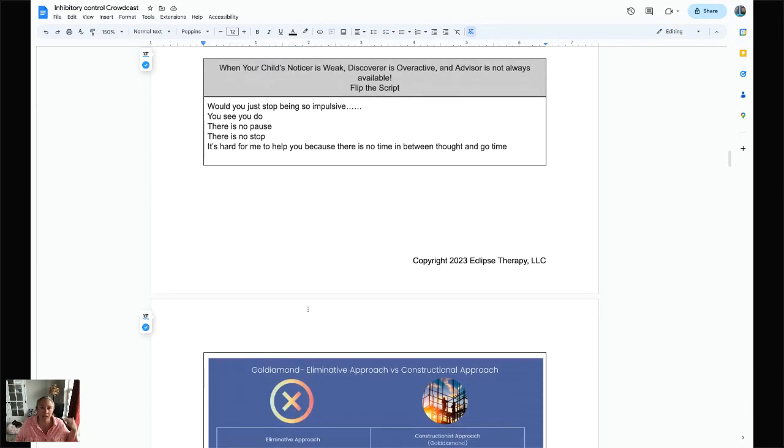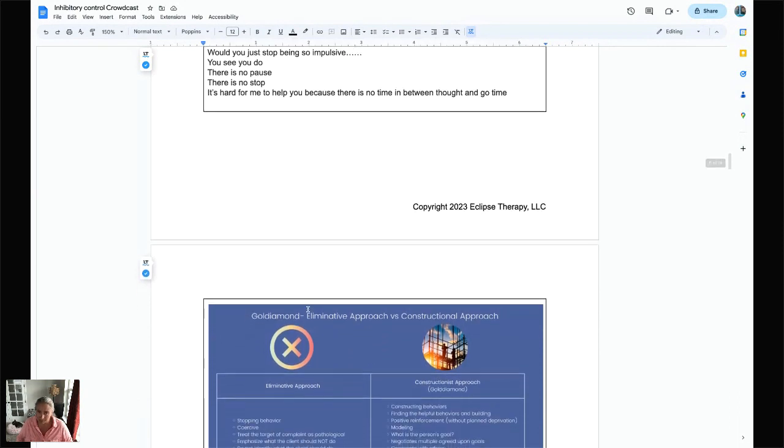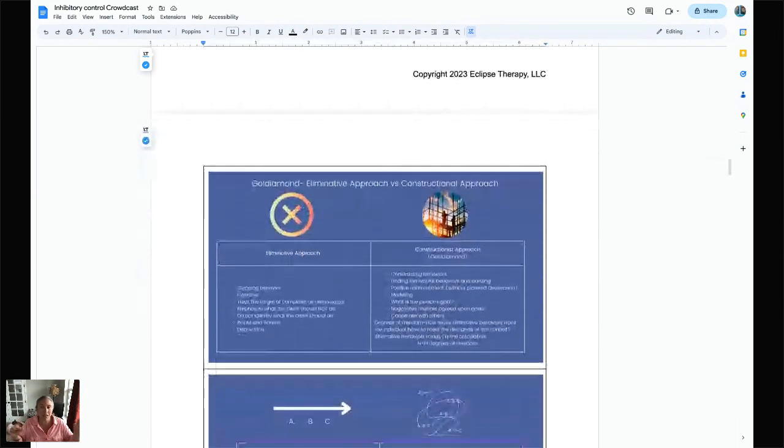So how are we going to flip this script? This might get a little bit technical, but we're going to talk through it. I think it's really helpful, including in talking to other therapists as well. There are two approaches to challenging behavior, and we know that impulsive behavior is really challenging. It wreaks havoc at school, it wreaks havoc at home, it wreaks havoc on family vacations.